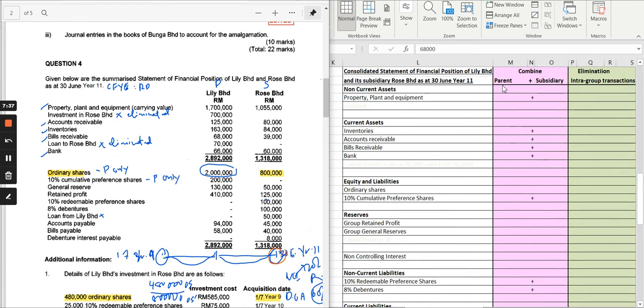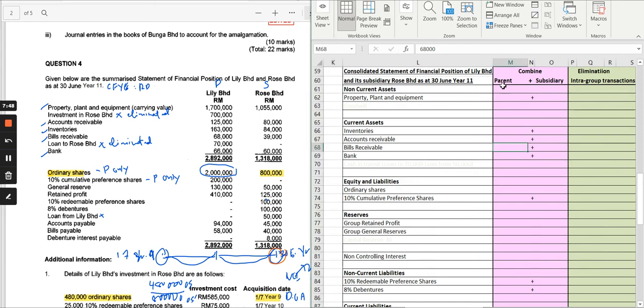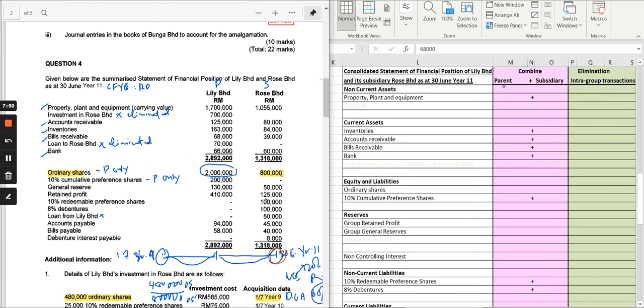If there is an investment in the preference shares of the subsidiary, of course you are going to look at how much, but in our case there are no preference shares in the subsidiary, so there are simply none. So it will be included, but only the parent, as I mentioned. Then you're going to include the general reserve, but you're going to put the group general reserve. Same goes for the retained profit, the group retained profit.